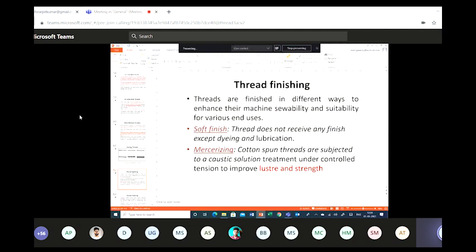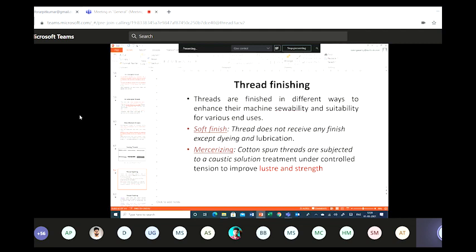Likewise, sometimes you have to apply an anti-static finish, because you are working in an environment where you are highly prone to static charges, a high amount of voltage. So there the work garment will have an anti-static finish, and the thread will also have an anti-static finish.